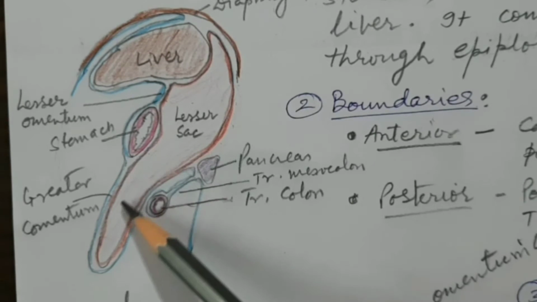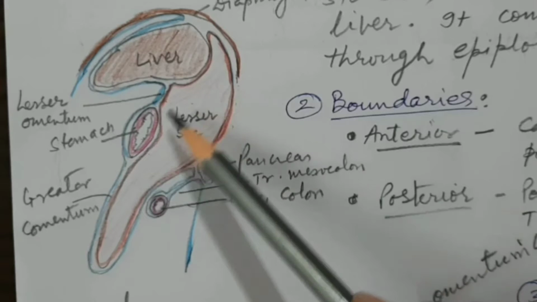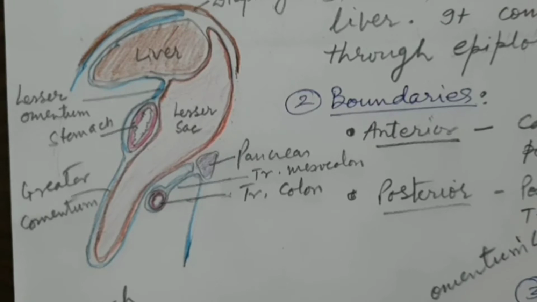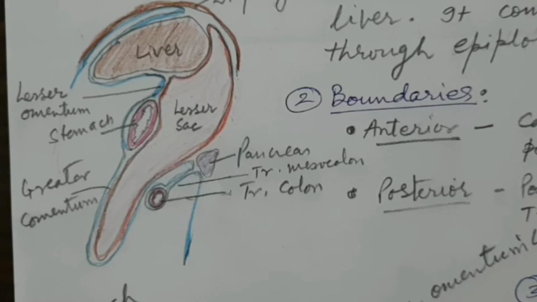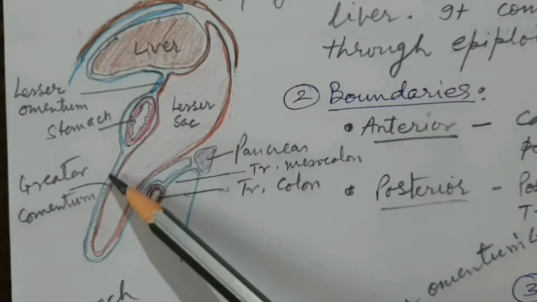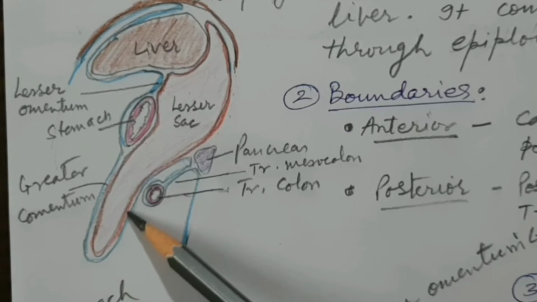The inferior recess is this. See, this lesser sac is a cavity which is extending inferiorly into the inferior recess, and this inferior recess lies between the anterior and posterior layers of the greater omentum. These two were the anterior fold and these two are the posterior.